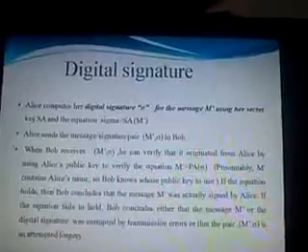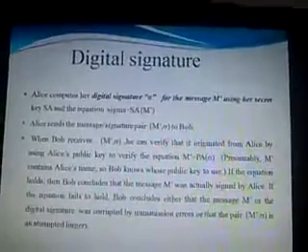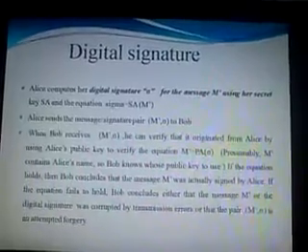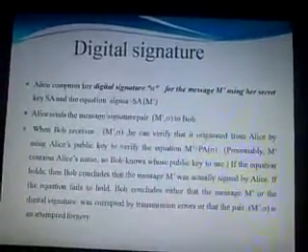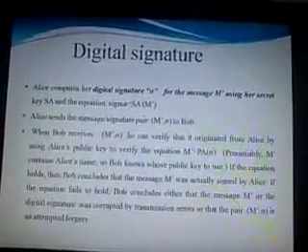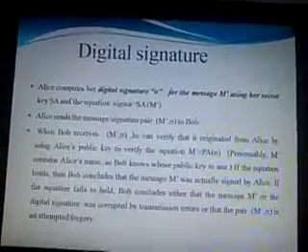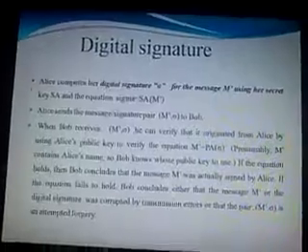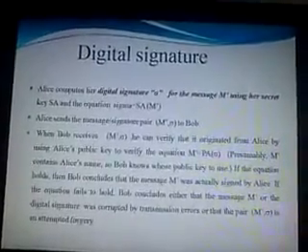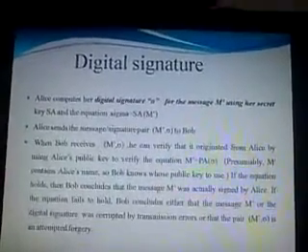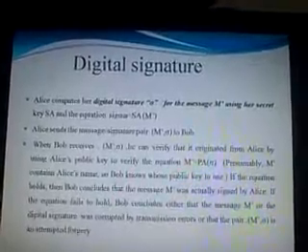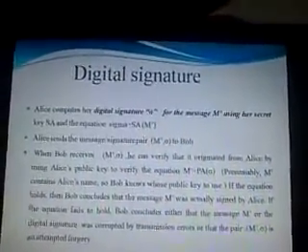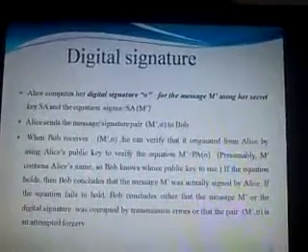If the equation holds, then Bob concludes that the message M dash was actually signed by Alice. If the equation fails to hold, Bob concludes either that the message M dash or the digital signature was corrupted by transmission error, or that the pair M dash comma sigma is an attempted forgery.